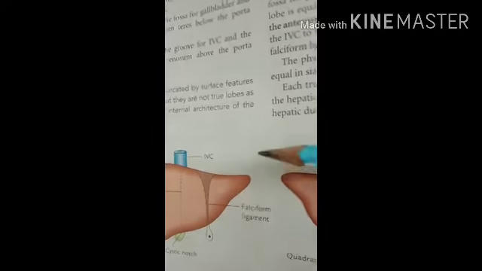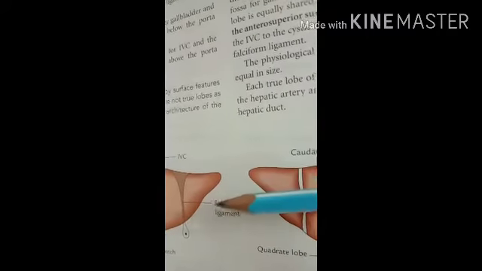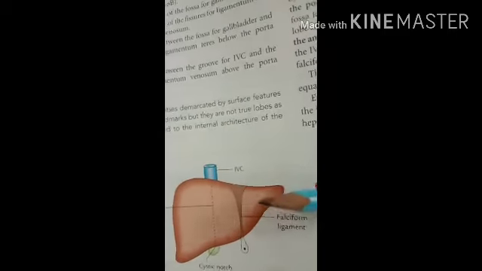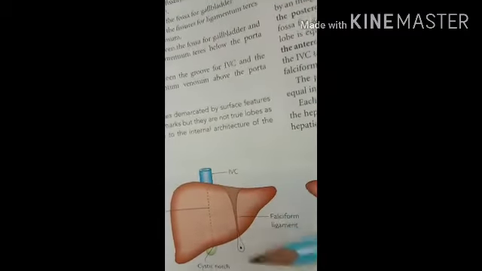Then the next clinical point is the transjugular intrahepatic portosystemic shunt, called the TIPS, which is done in portal hypertension.